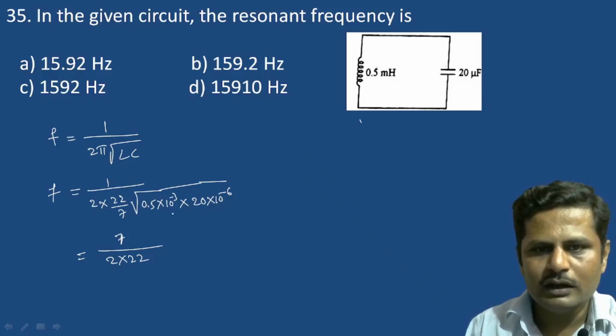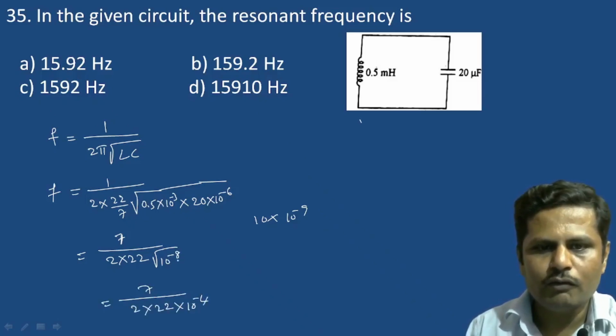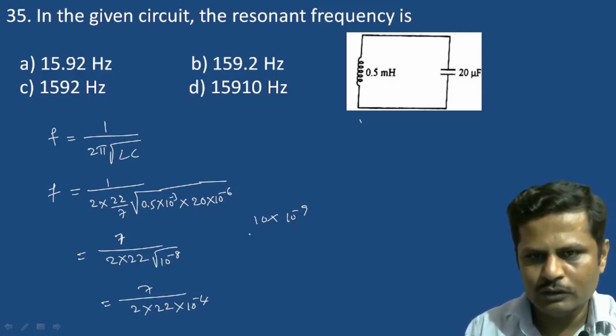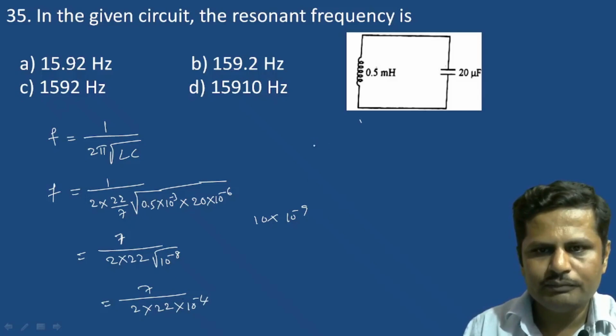So here we can write 10 and 10 to the power minus 9. So how much is it? Root of 10 to the power minus 8. So therefore we will get 7 divided by 2 into 22 into 10 to the power minus 4.